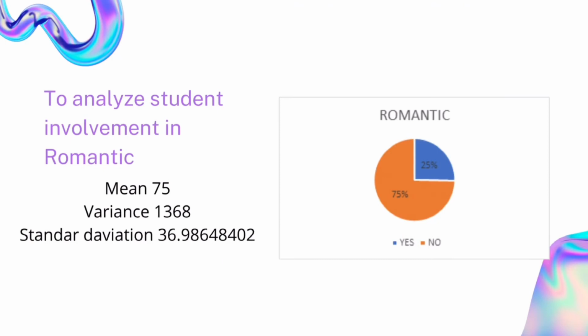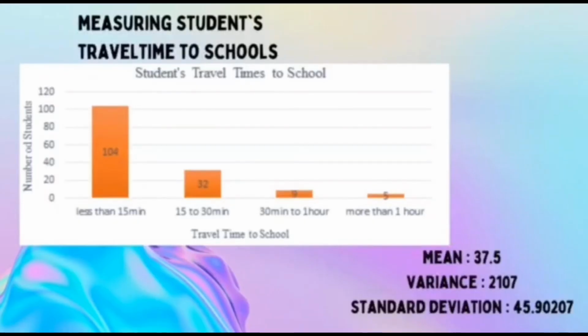For the students' involvement in romantic relationships, the mean is 75, the variance is 1368, and the standard deviation is 36.98648.